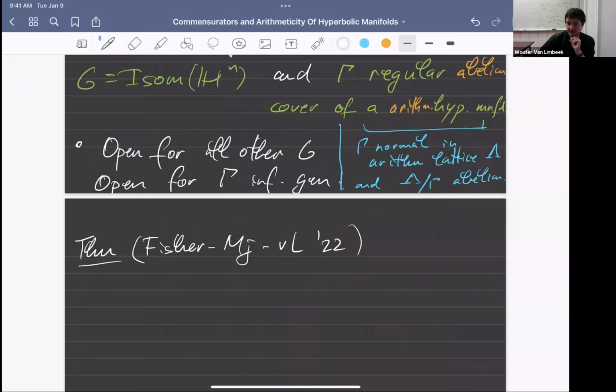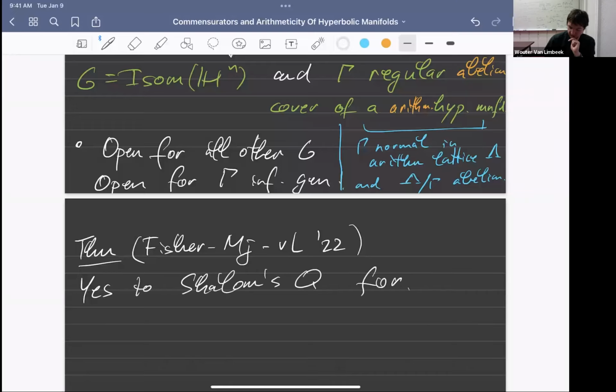And it's that it's yes to Shalom's question for, actually we cover many cases of G, but let me just stick to hyperbolic space. Actually, let me just state it like this. Yes, for any normal subgroup of a lattice.